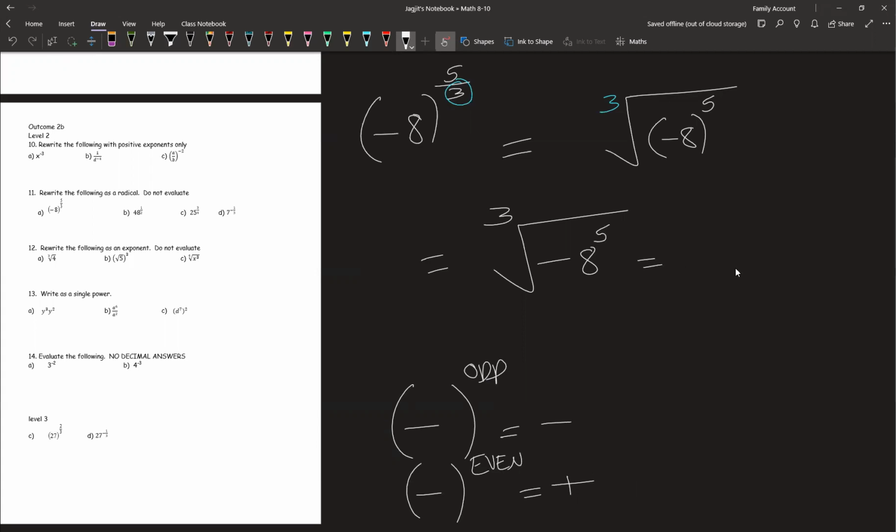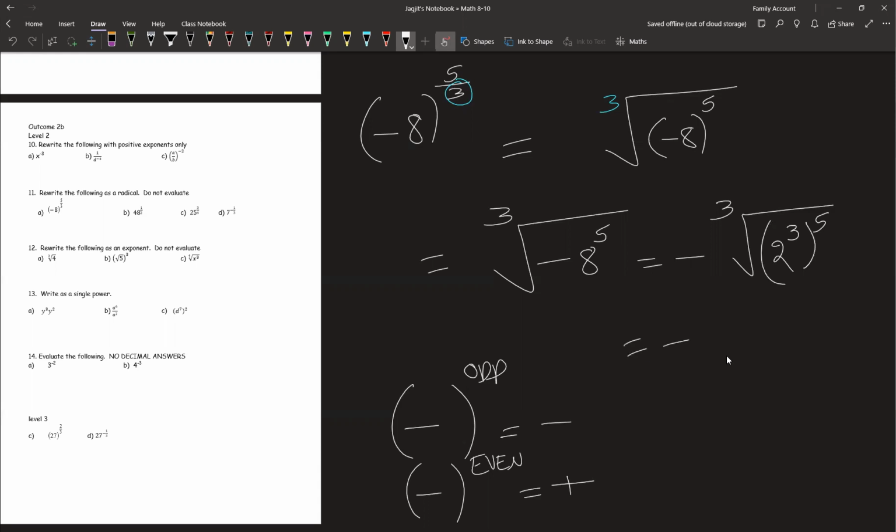And whenever you have an odd root, guys, the negative can be pulled out. So it will just be cube root of 8 to the power 5. Now 8 is 2 to the power 3.